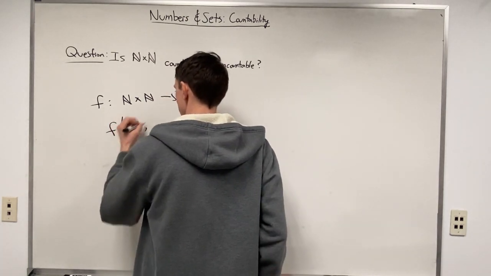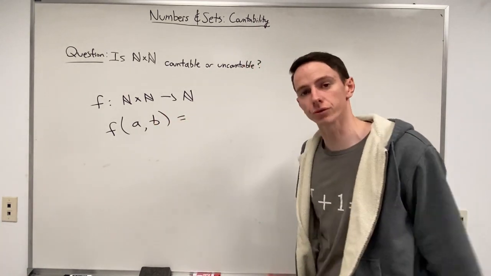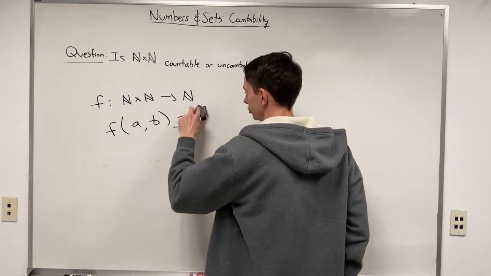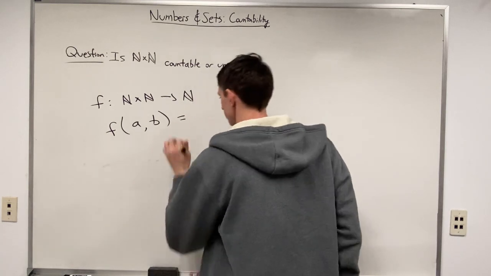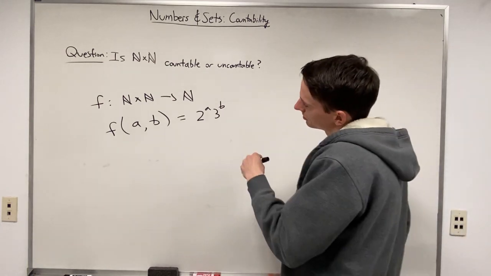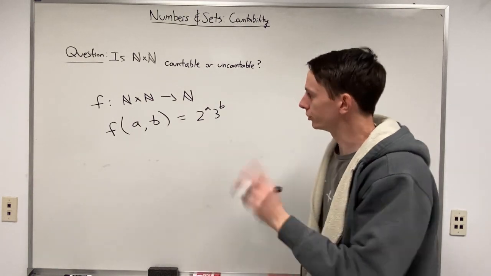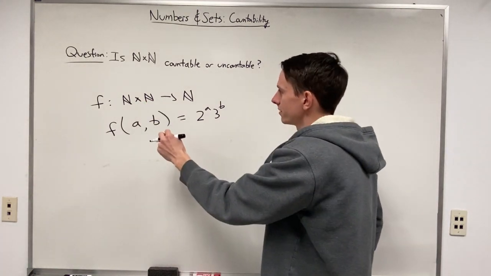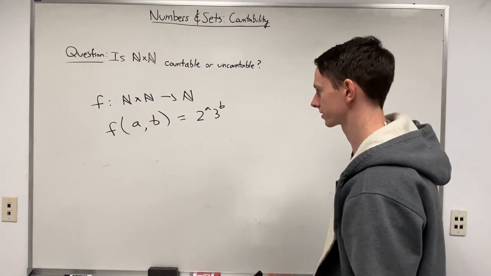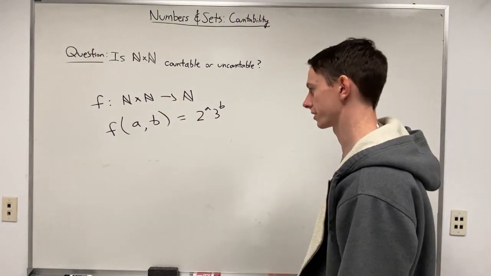Maybe I'll write a comma b as inputs, and it needs to spit out a single natural number in the codomain. So what we can do is write 2 to the a times 3 to the b. In other words, essentially creating a prime factorization for a given natural number. And you can imagine too, if we had N cross N cross N, we'd have a, b, c as inputs, and then we'd have 5 to the c in the function that we construct. Now it's just up to us to determine whether or not this function is injective.